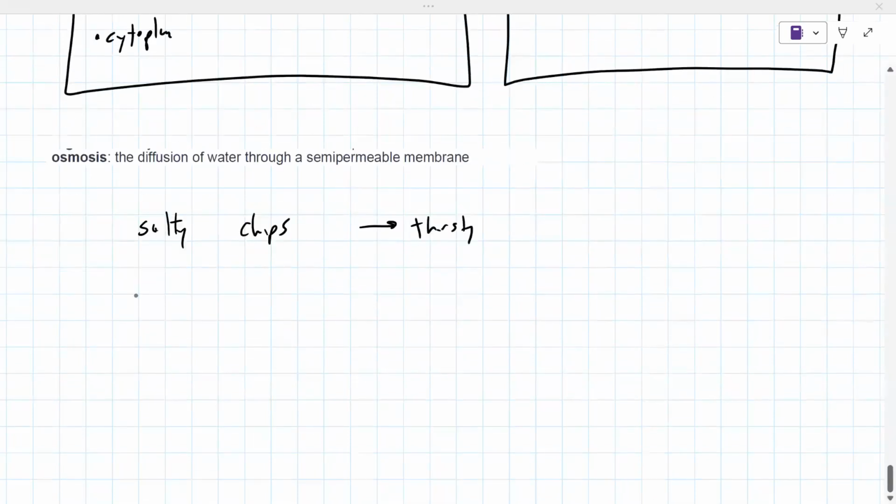Have you ever spent too much time getting a hot shower or a bath and your fingers swell? Yeah. That's an example of osmosis, or cold water too, but hot is it?